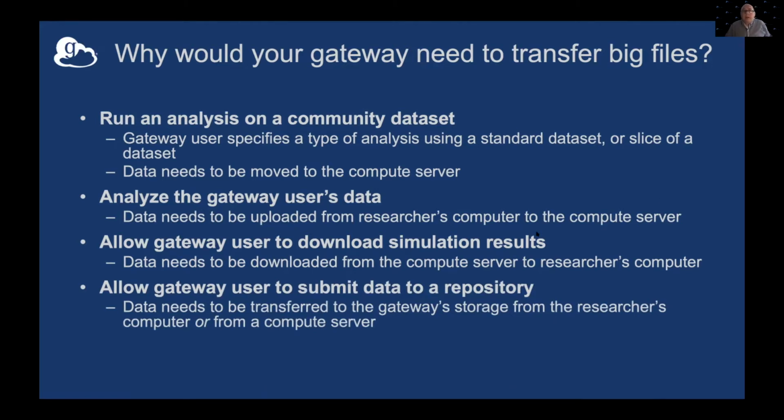Presumably the gateway has access to a large data store somewhere. And you need to be able to get the data from the researcher's computer or server to that community data store. So any of those are things that would be done using Globus's transfer interface. So these are all examples of using Globus to transfer big files in your gateway.